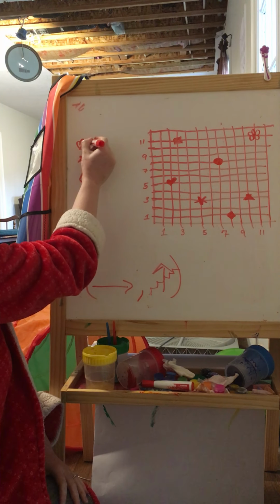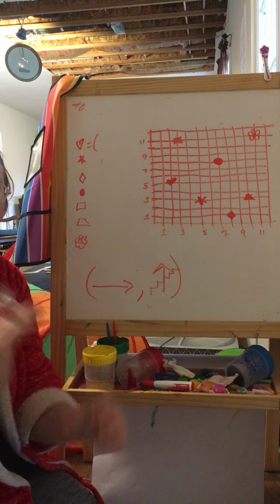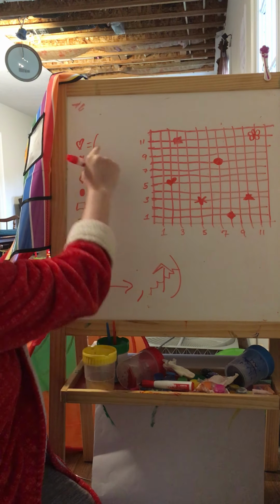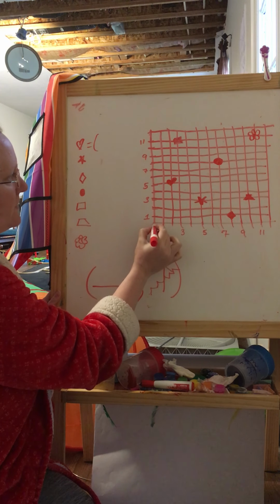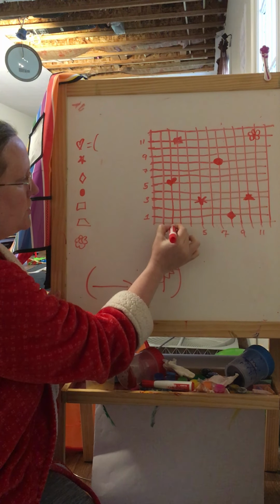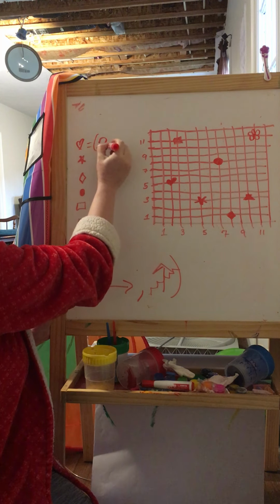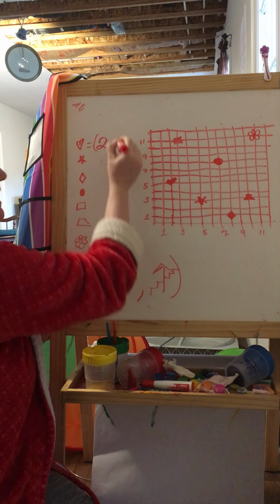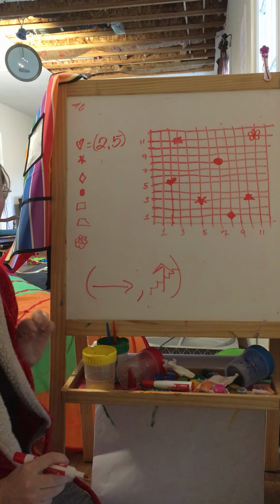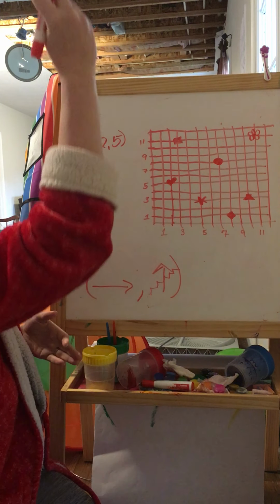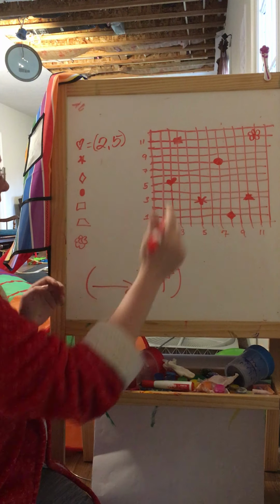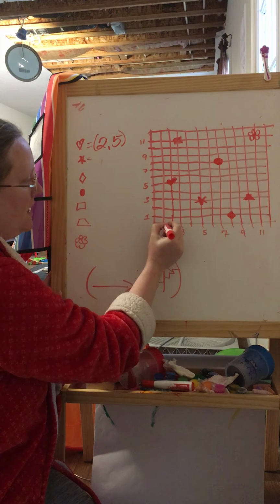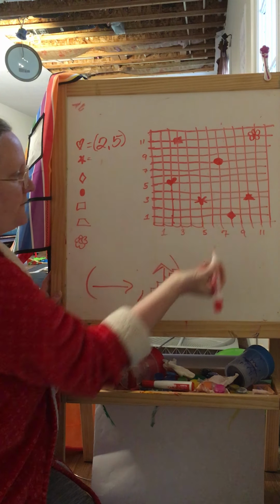So if we're gonna do our heart first, coordinates are always put inside a bracket. So you're gonna put your bracket, and we're gonna go over and we're gonna say, okay, the heart's 1, 2 over. So I'm gonna put my 2, okay? And then it's 1, 2, 3, 4, 5 up. So the heart is at 2, 5. Over 2, up 5. The star is 1, 2, 3, 4, 5.